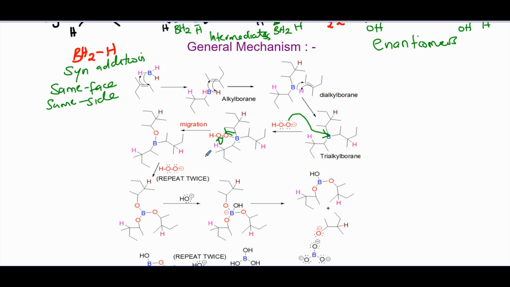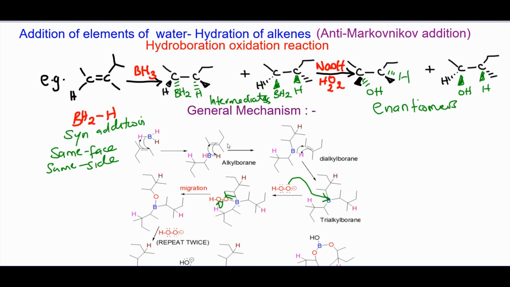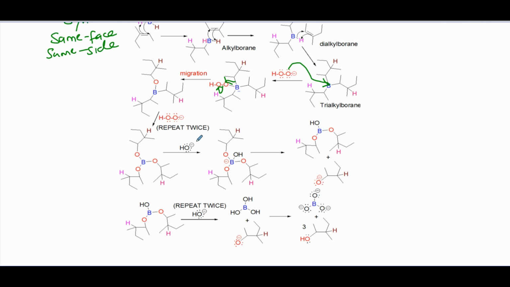Then repeat this process twice to do 2 migrations. You're going to end up with 3 oxygens around the boron with 3 alkyl groups. Now at that point, remember you're adding sodium hydroxide here.